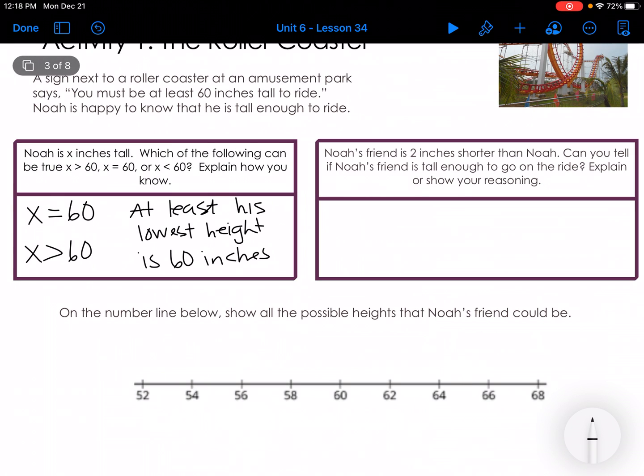So it says Noah's friend is 2 inches shorter than Noah. Can you tell if Noah's friend is tall enough to go on the ride? Explain or show your reasoning. Well, it kind of depends on how tall Noah is.